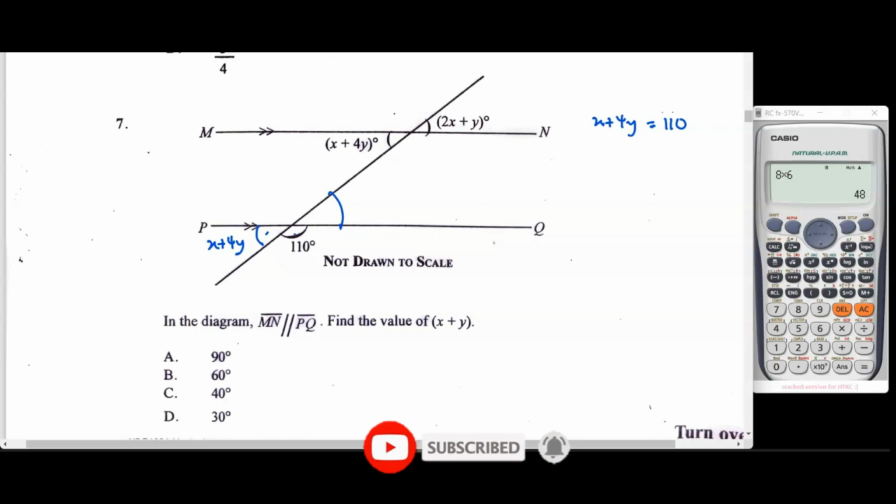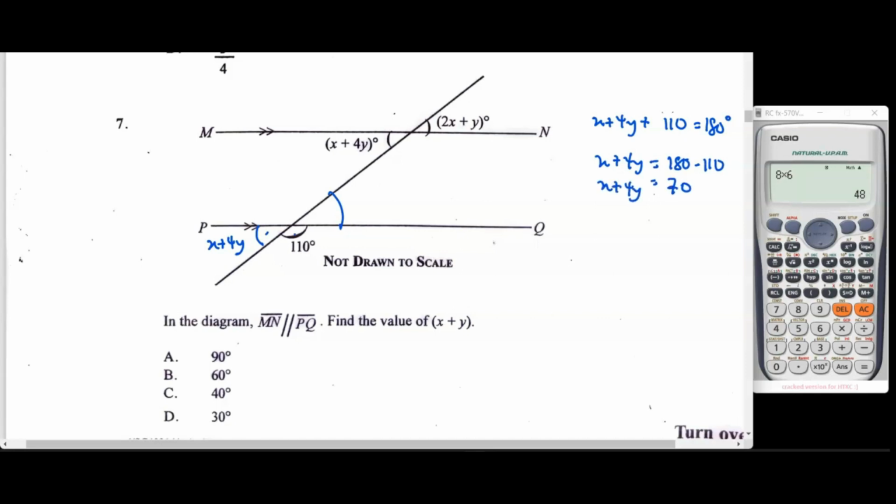So we have x plus 4y plus 110 equal to 180 degrees, because it gives you a straight line angle. Then we simplify it, and we'll have x plus 4y equal to 180 minus 110, which gives us 70. So x plus 4y is equal to 70. That is equation number 1.